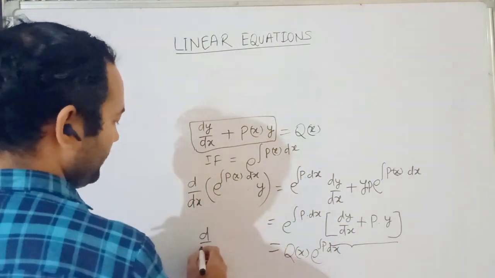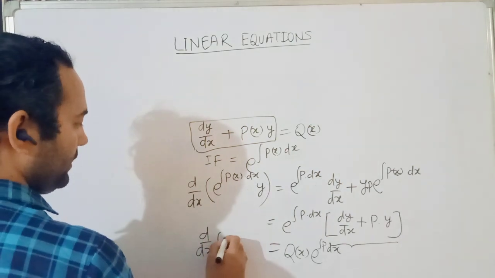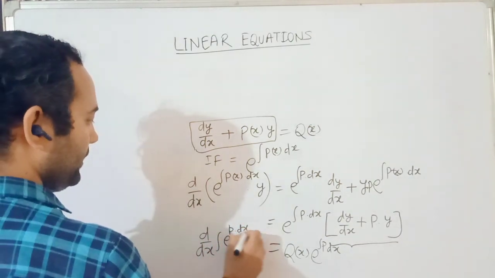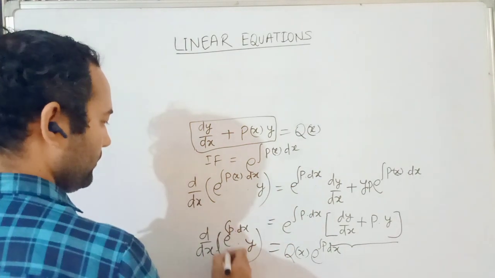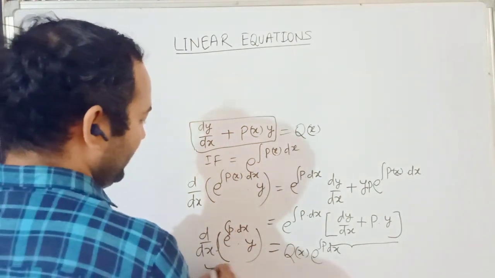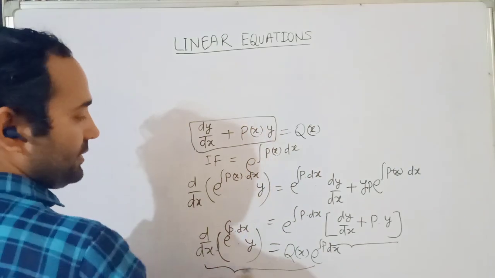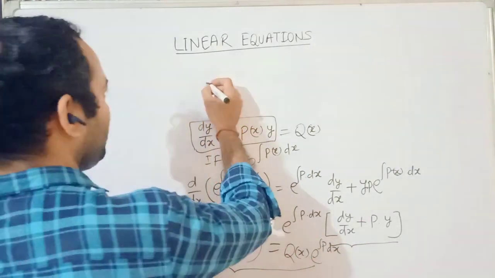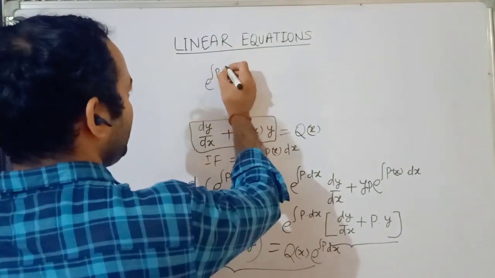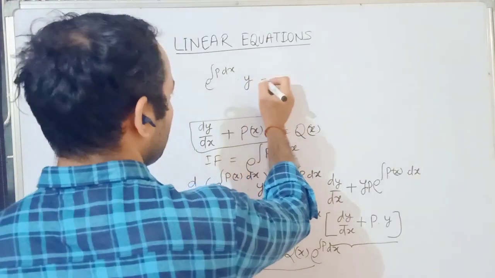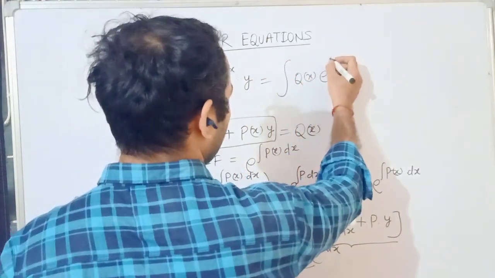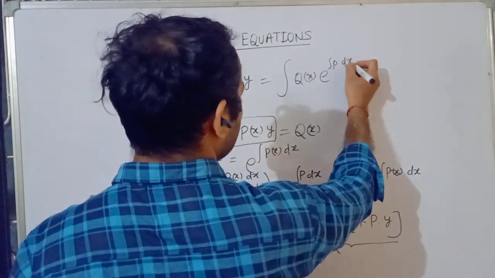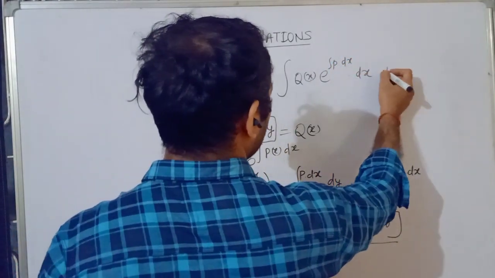What is written here? dy/dx e to the power p dx, integration into y. When you integrate both sides, what will you get? dx will go on that side, and here e to the power p dx into y is equal to the integration of Q(x) into e to the power p dx into dx plus c.